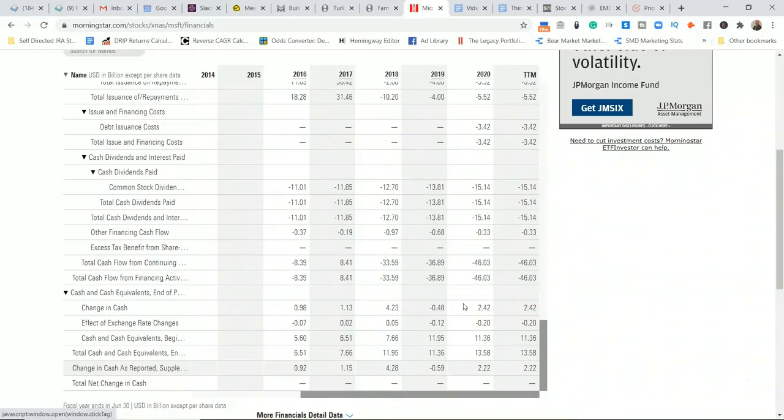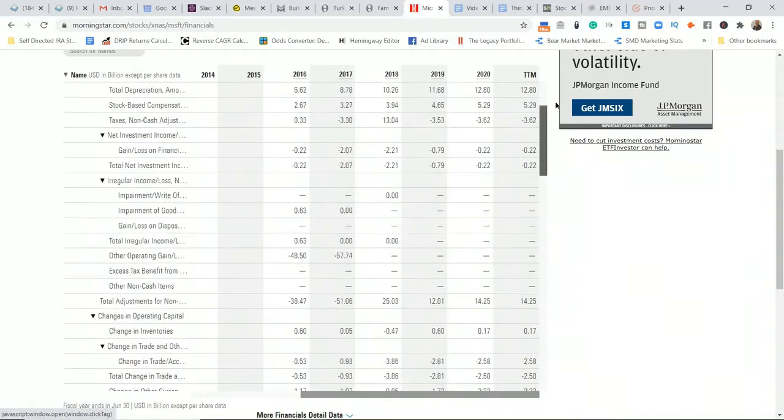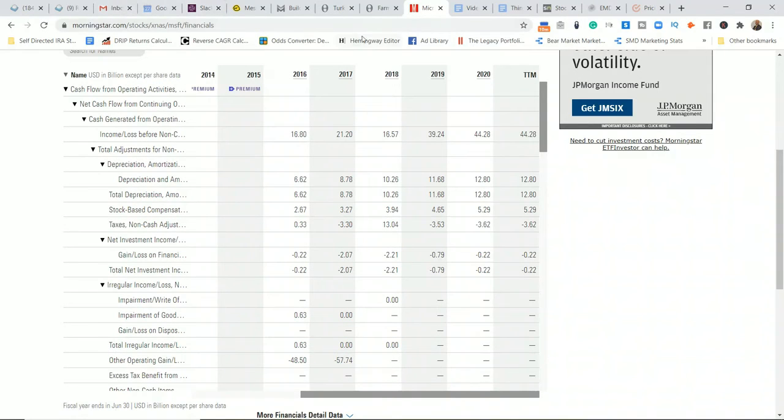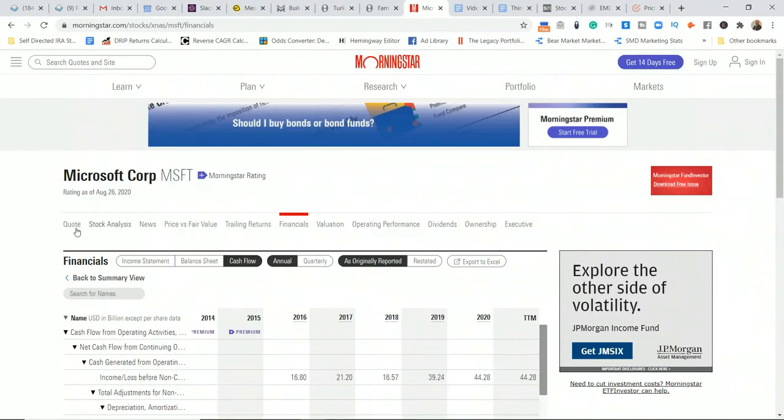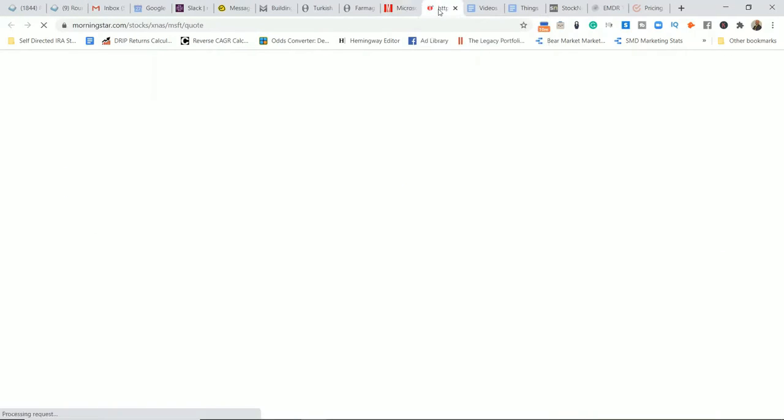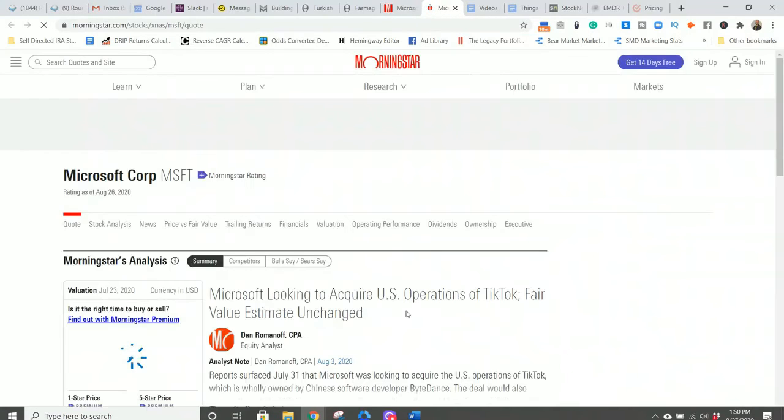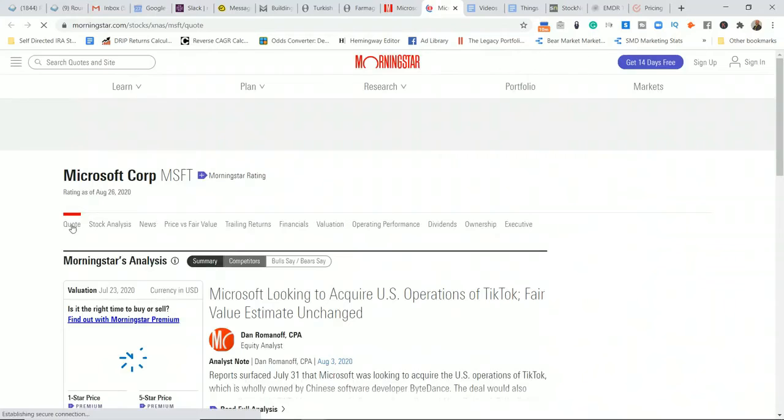What you also want to look at is the free cash flow to sales metric, which I'll bring up over here. You find this by staying on the quote tab.